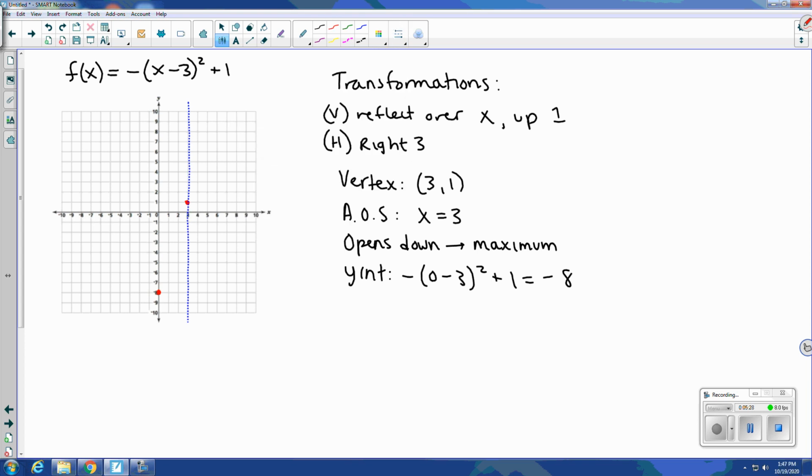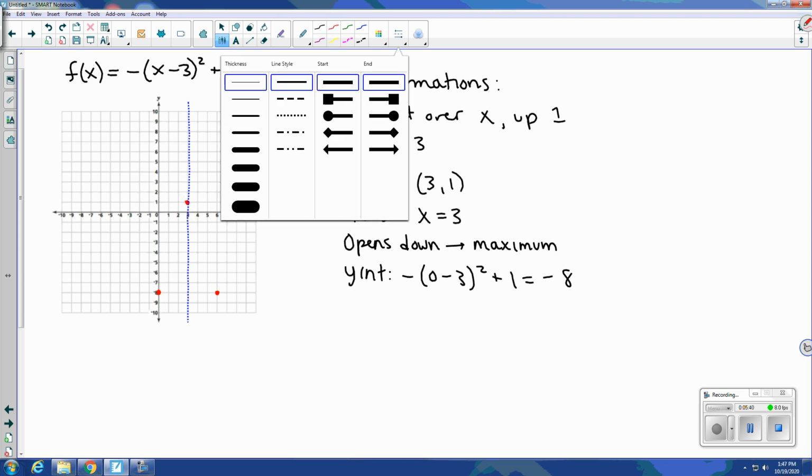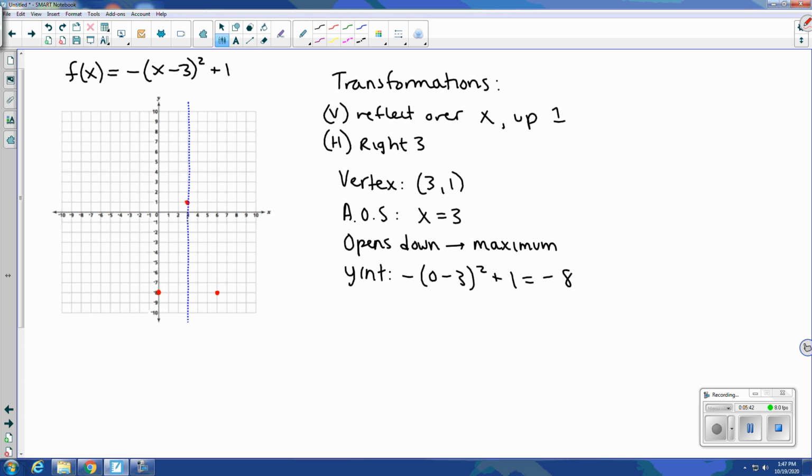Let's use our knowledge of symmetry for parabolas to add in a third point. That y-intercept is 3 units away from the axis of symmetry, so we have another point 3 units to the other side. Let's evaluate the function at another point to get our fourth. Let's do f of 1. Choose easy numbers. So f of 1 means plug in 1 for x.